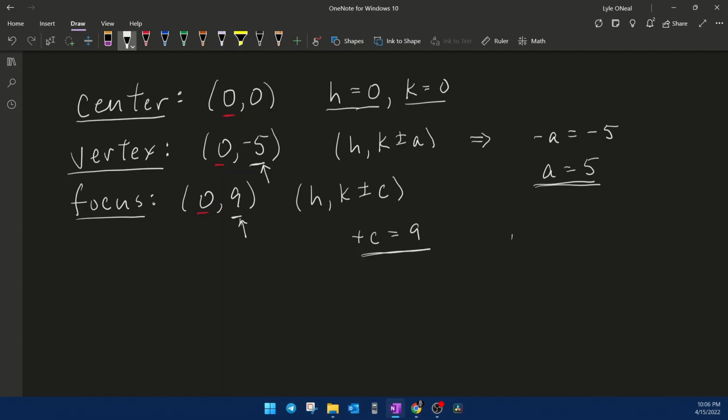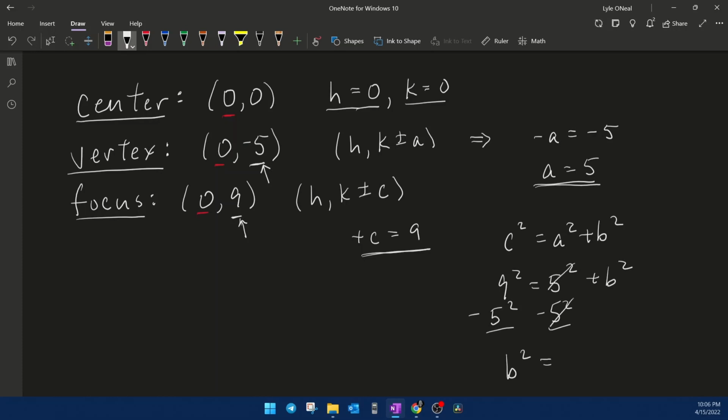So using the Pythagorean relationship, c squared equals a squared plus b squared, 9 squared is going to equal 5 squared plus b squared. We need to subtract 5 squared from both sides.